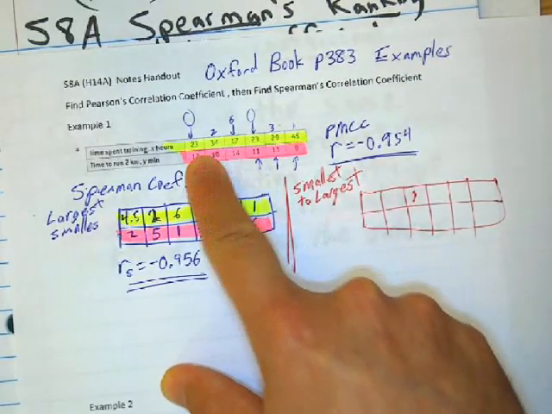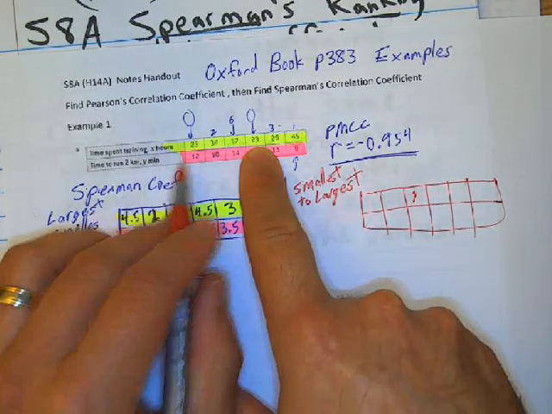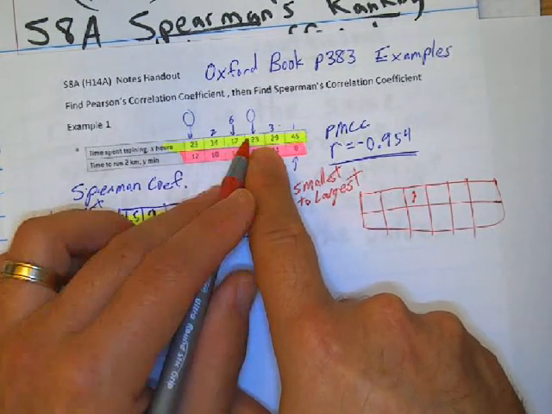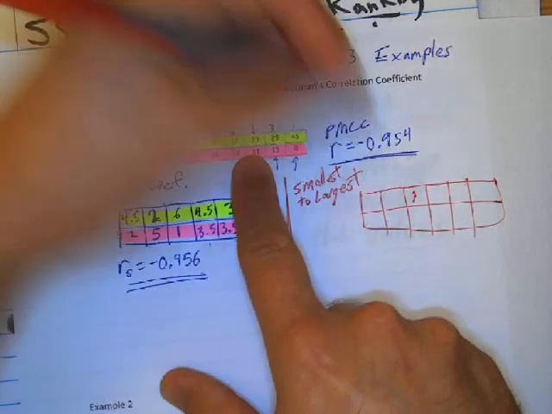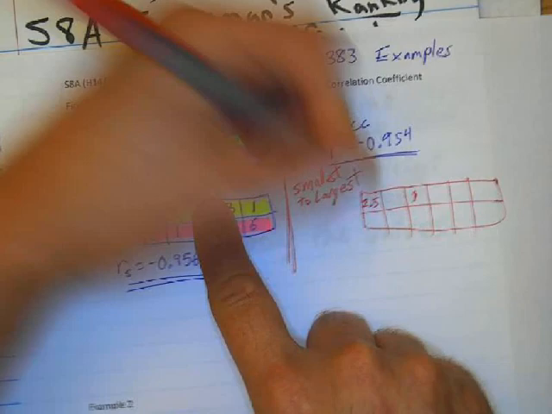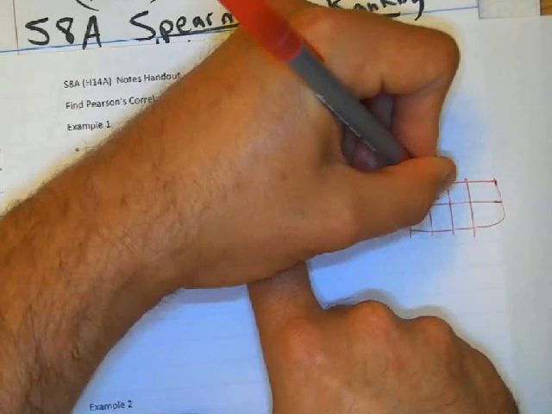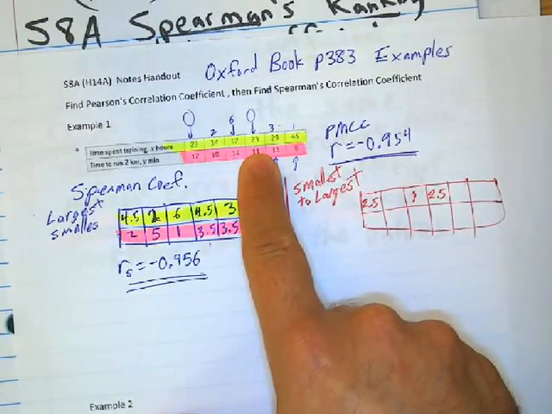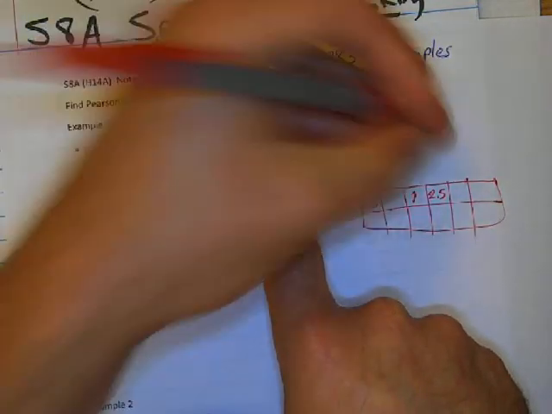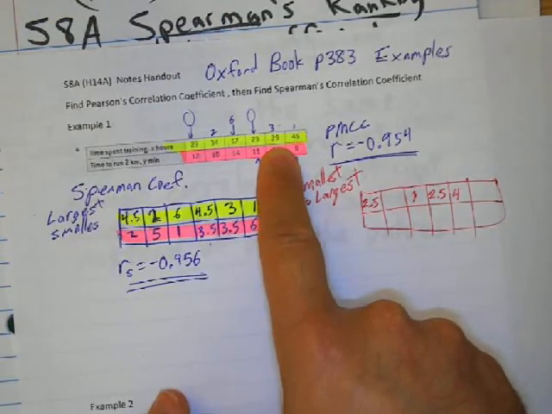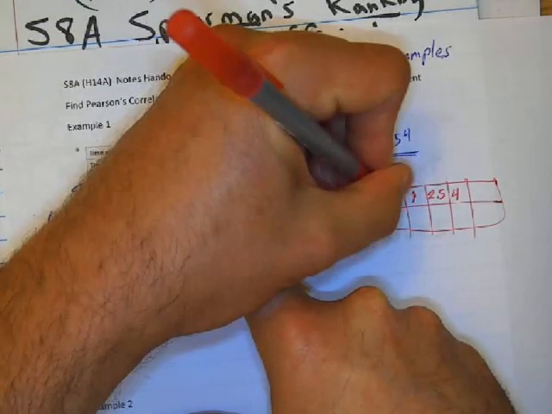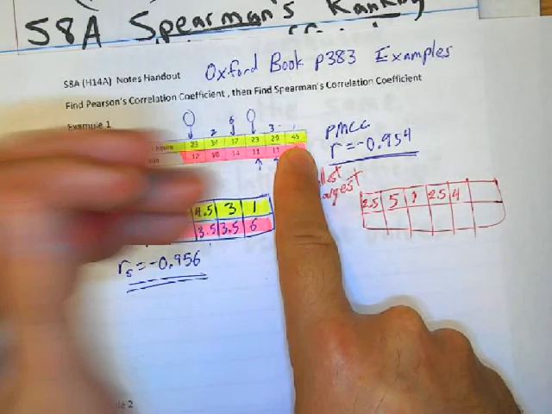The next smallest one is 23. That would be the second one and the third one, so I'm going to call that 2.5, and that's 2.5. Then the next smallest one is 29, so that's going to be 4. The next smallest one is this one, so that's going to be 5. And the next smallest one is that, which is going to be 6.